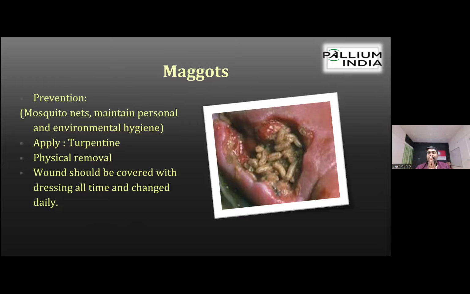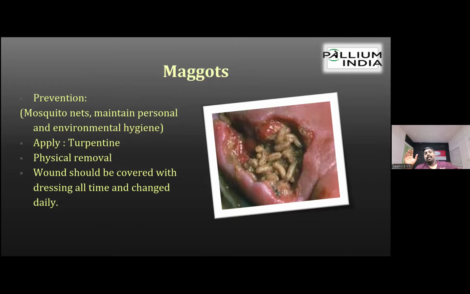But once the maggot infestation is inside a cavity, for example oral cavity, or vaginally, rectally, that type of cavity region, and we show the turpentine-soaked thing, the tract is lengthy inside, so maggots can hide along.